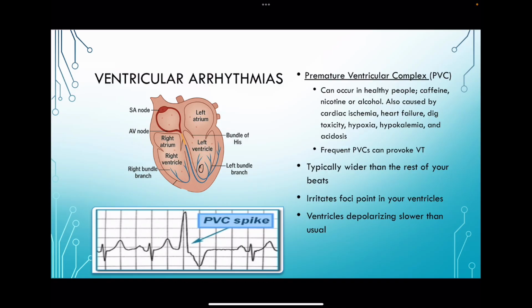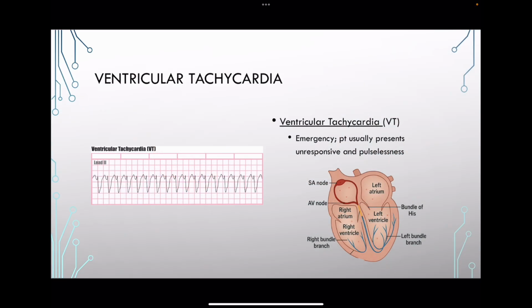So when this happens, it typically is a bigger QRS complex. And then directly after, you're going to have this thing called a compensatory pause.